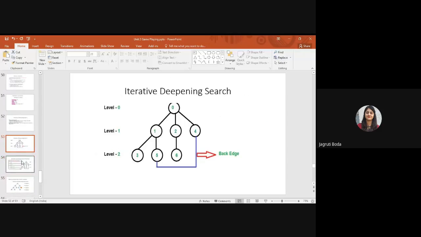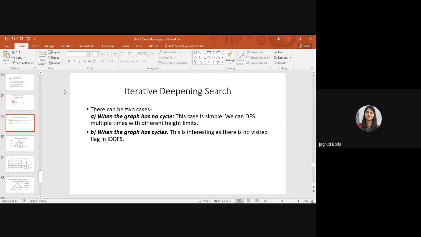First of all, you can see here how iterative deepening search works. You are given a tree or a graph, and there are two types: when the graph has no cycle, and when the graph has a cycle. A cycle means all the nodes are linked with each other, so there is no separate path for traversal.